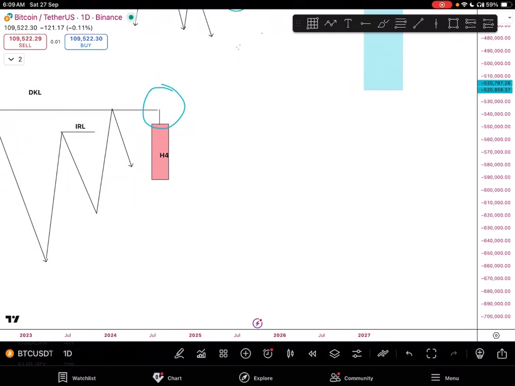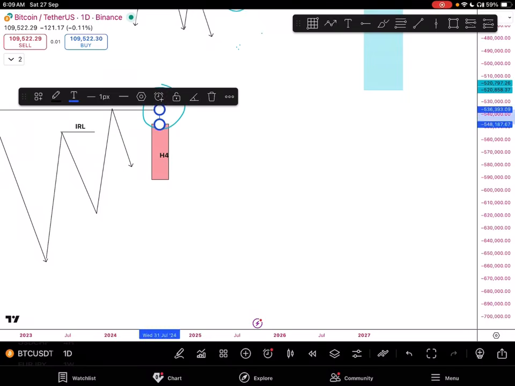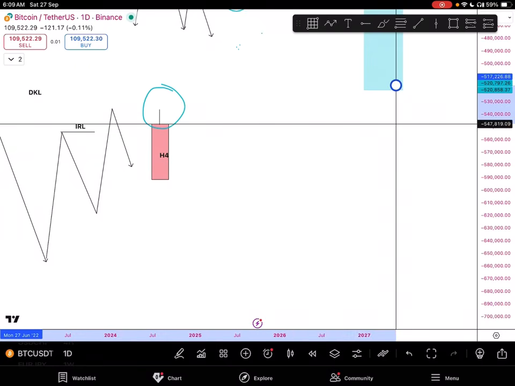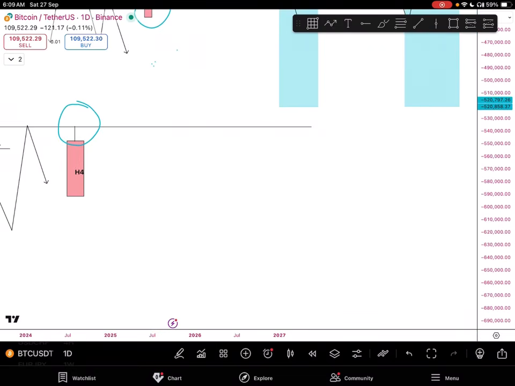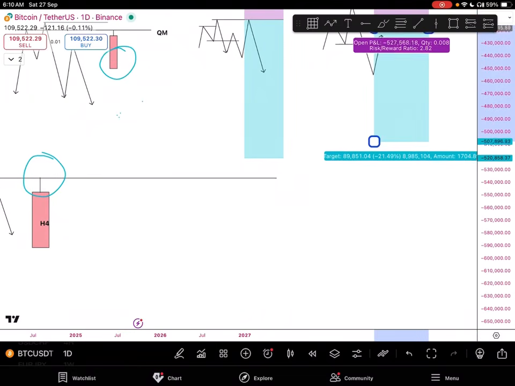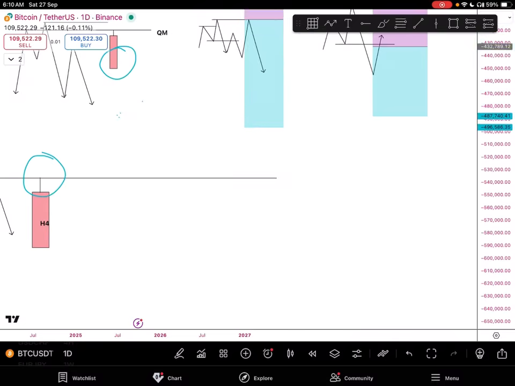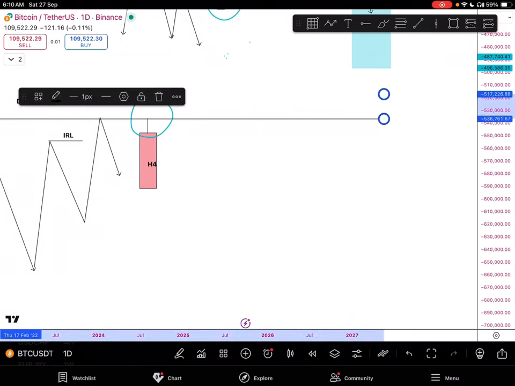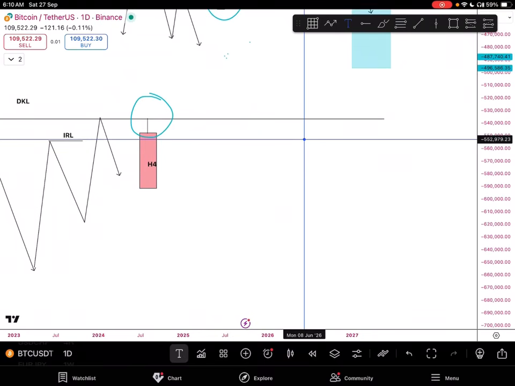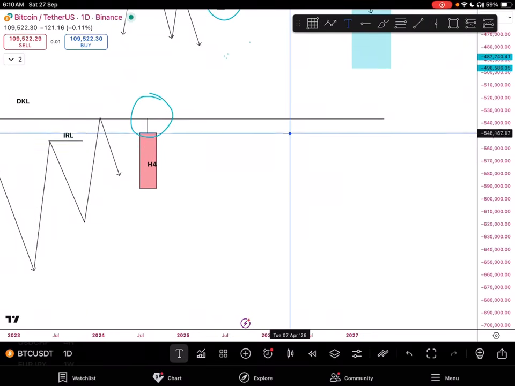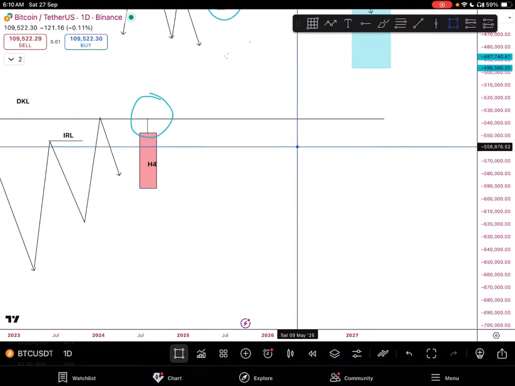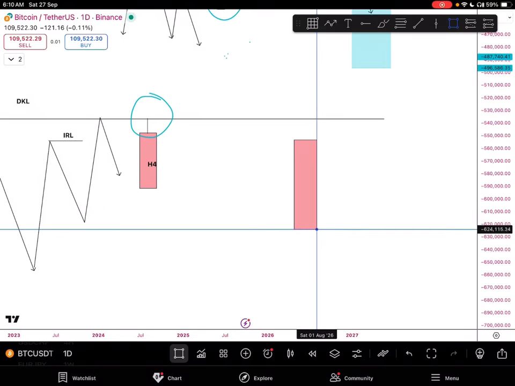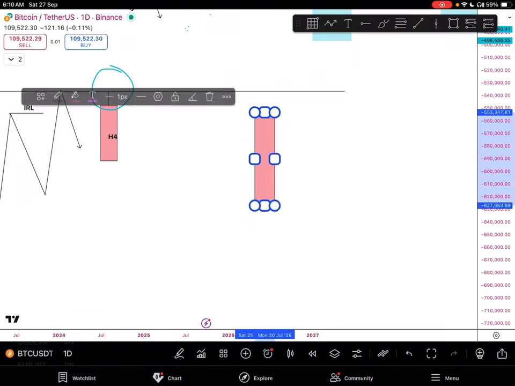In the H1 time frame, I will wait for, let me show you. So let me draw this line. Okay, consider this line as the daily key level. So when the H4 candle has triggered, I will go to the H1 time frame and I will see the price.